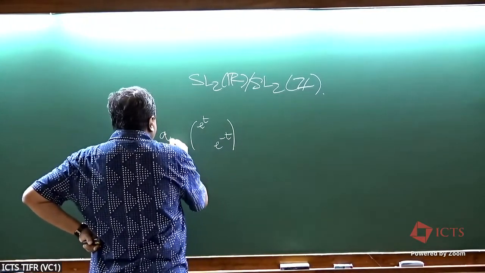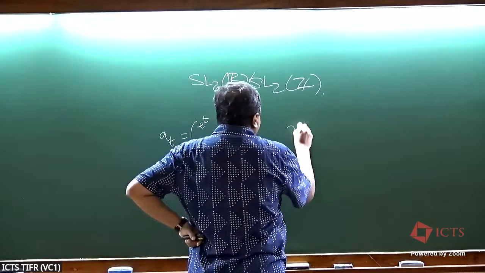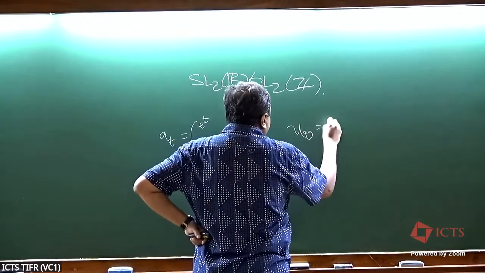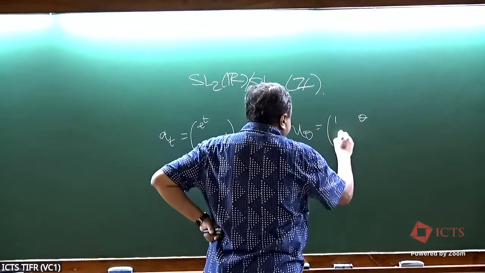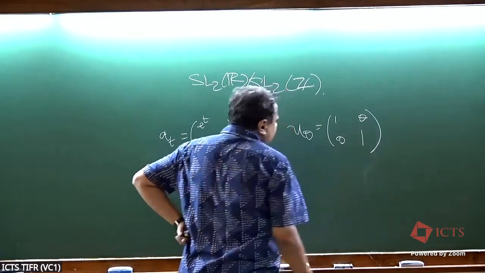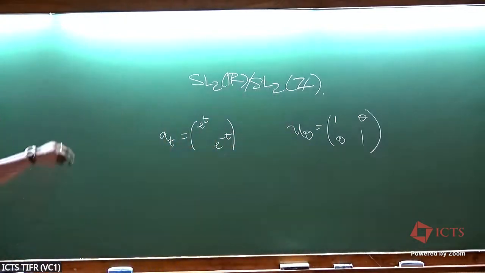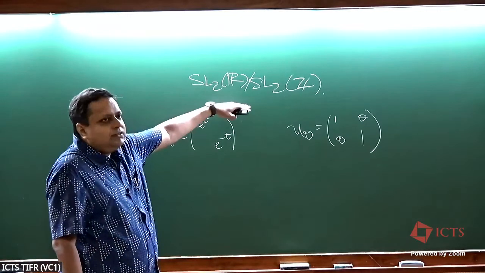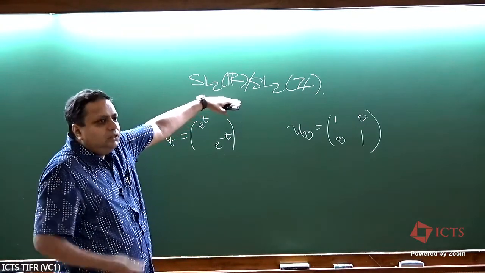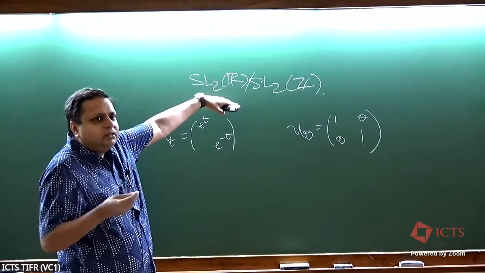I'm calling it, let's say, a_t. And the other is the subgroup I call u_theta, which is (1 theta; 0 1). All right. So in this space, these two have geometric meaning because we know that SL_2(R) factor SL_2(Z) can be viewed as the unit tangent bundle of the modular surface.